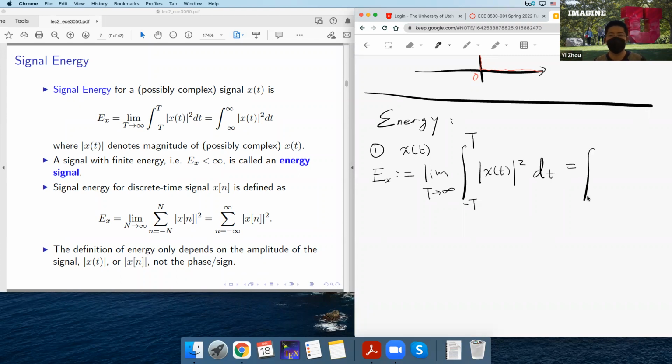But sometimes we just write from negative infinity to positive infinity. Okay, they are equivalent.